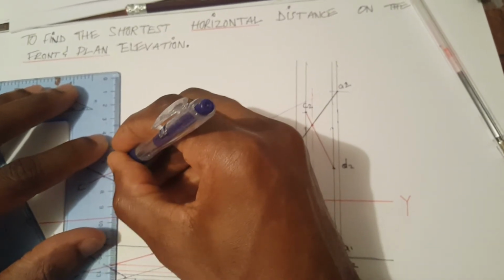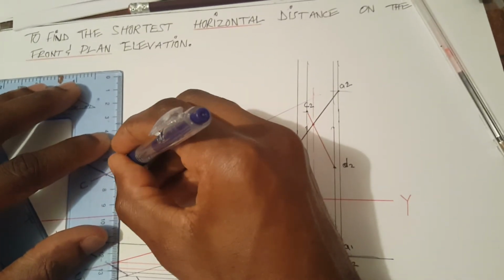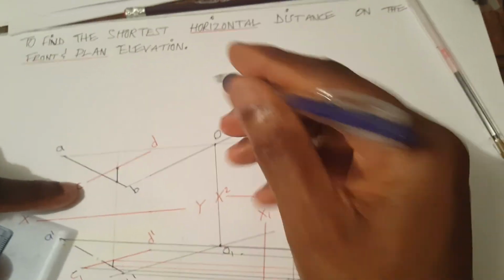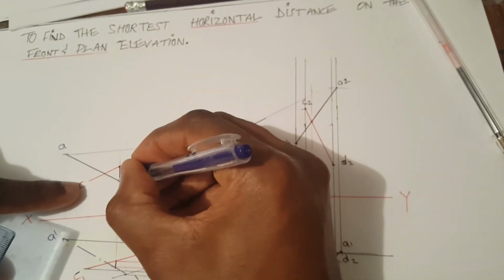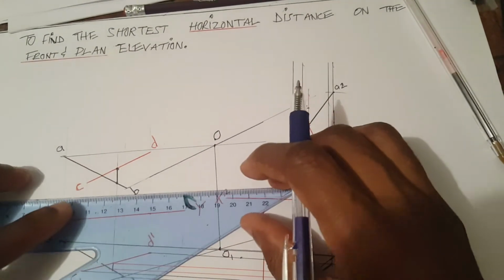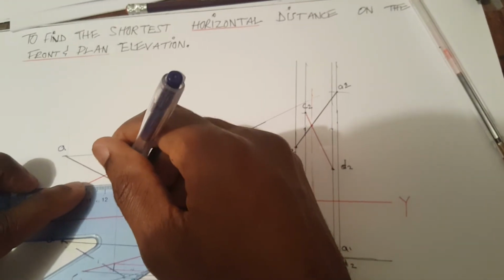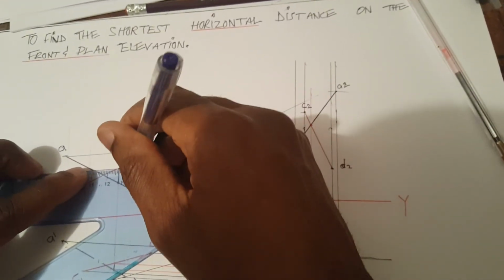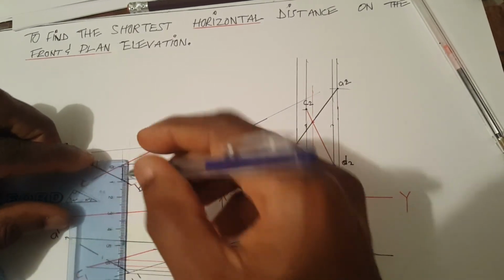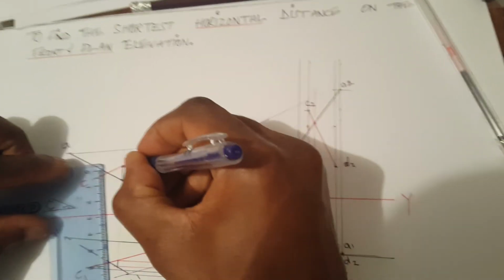So this is the shortest horizontal distance on the plan. You'd measure from here to here, measure from here to there. That works out to be 9.